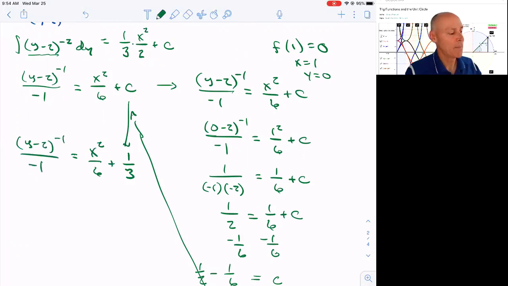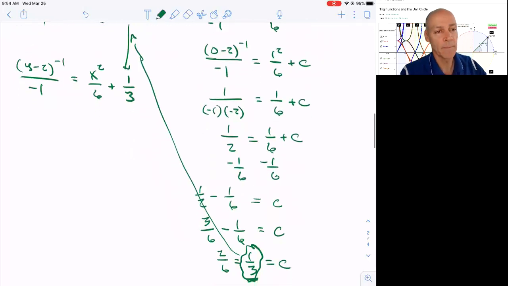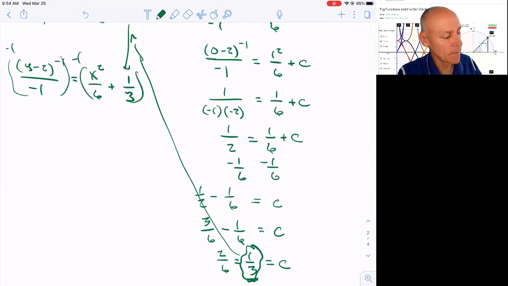Okay, now that I've completed that, all I have to do is solve for y. What I'm going to do first is take care of this negative here in the denominator on the left side. I'm just going to multiply both sides by negative 1. So negative 1 times negative 1.